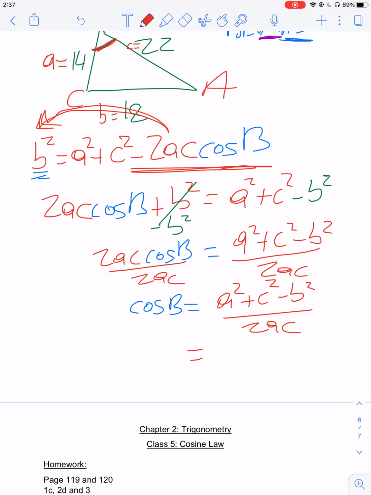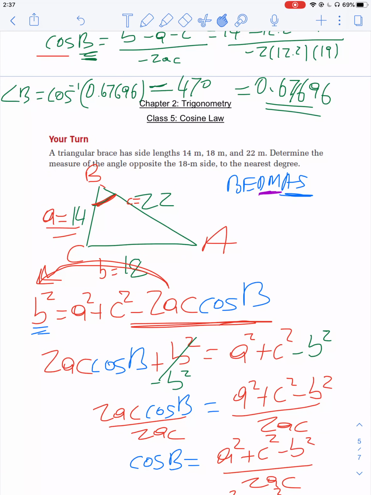So what is my A value? Based on the picture, it's 14. So 14 squared plus 22 squared minus my B, is it 18? Okay, yeah, it is 18 from here. I didn't want to take any chances.